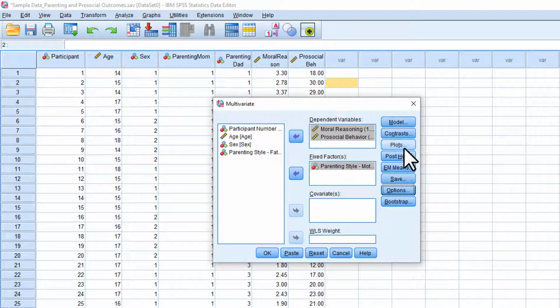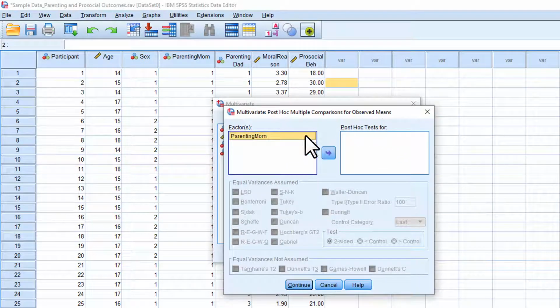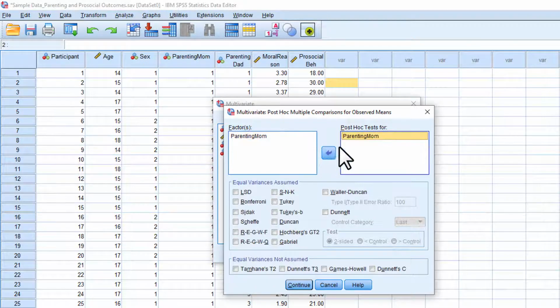And then we might need post hoc also later on. Remember that post hoc is for the univariate effect, and we will only interpret univariate effect if there is a significant MANOVA. But in case it's significant, then at least we have this option.